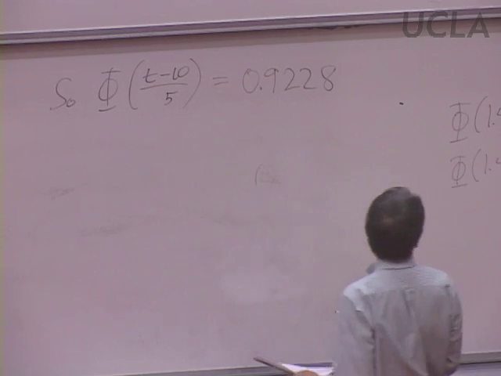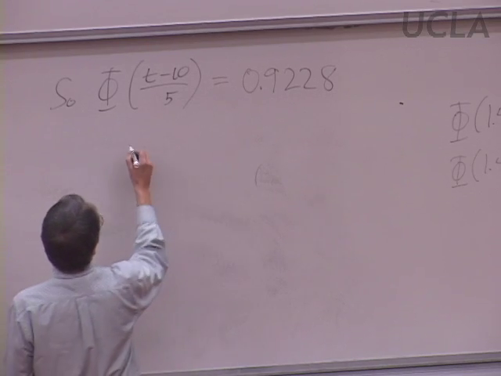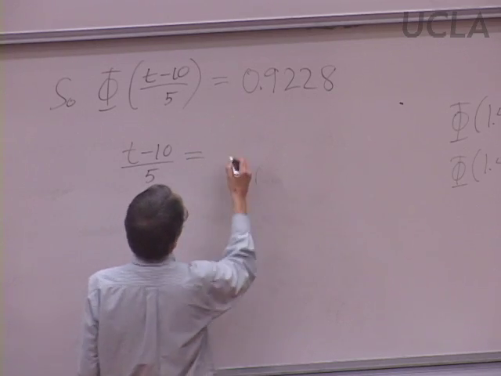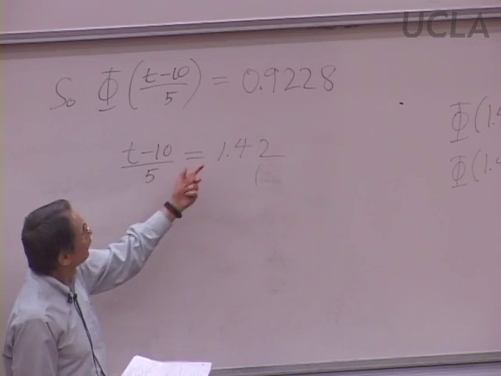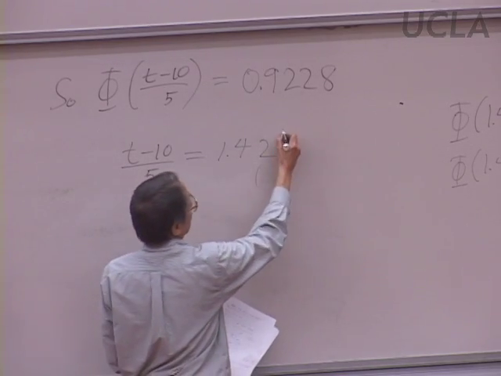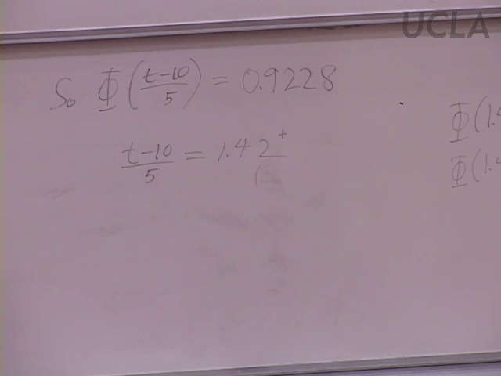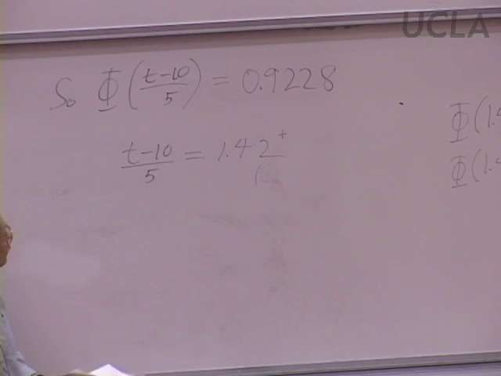But the closer one, not much closer, is 1.42. We know there's some error coming in here. It should really be a little more than 1.42, but not as much as 1.43. And then we can solve for t.